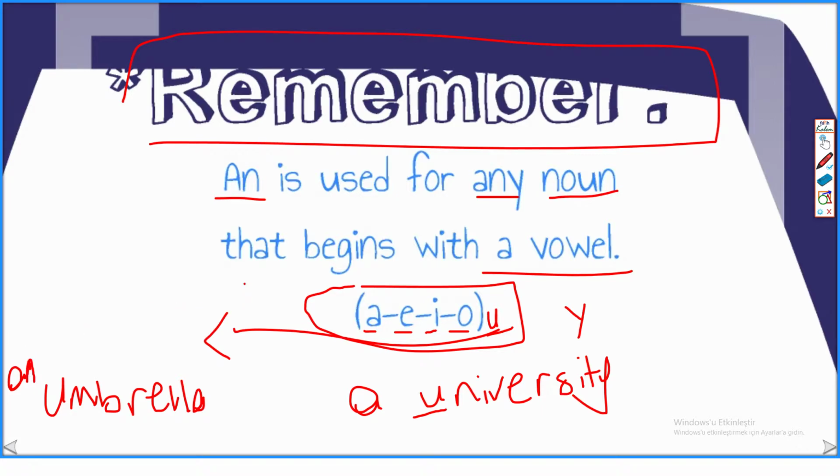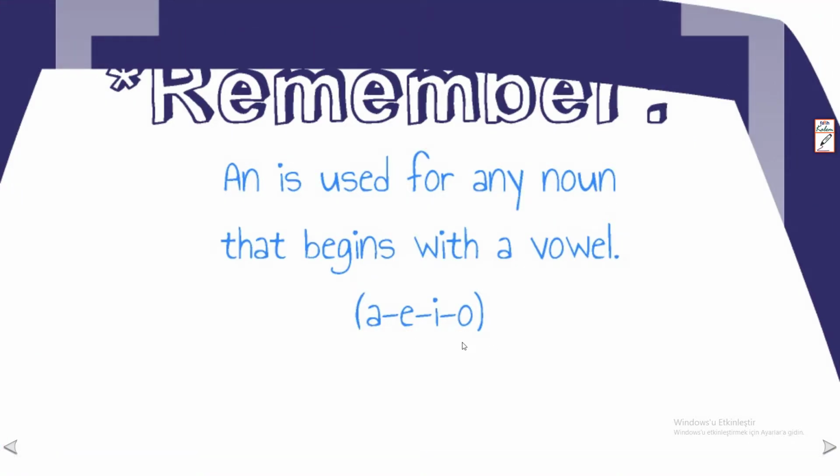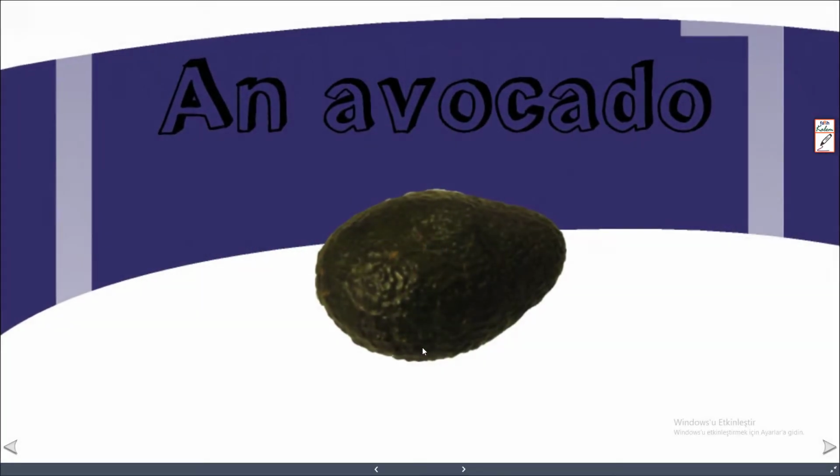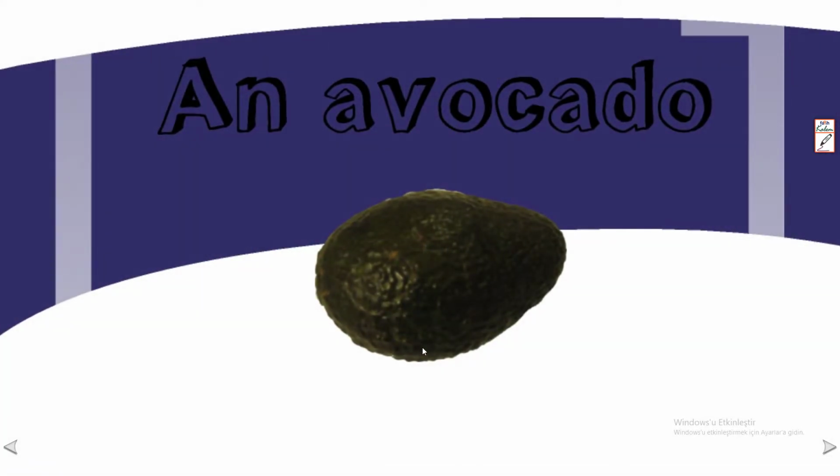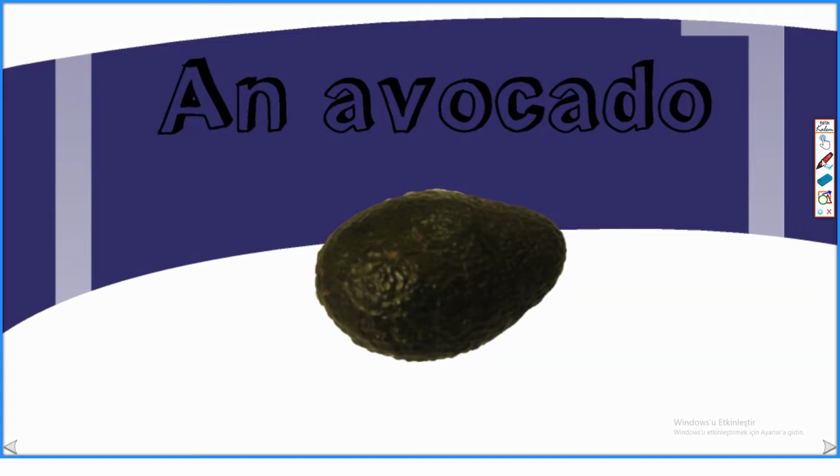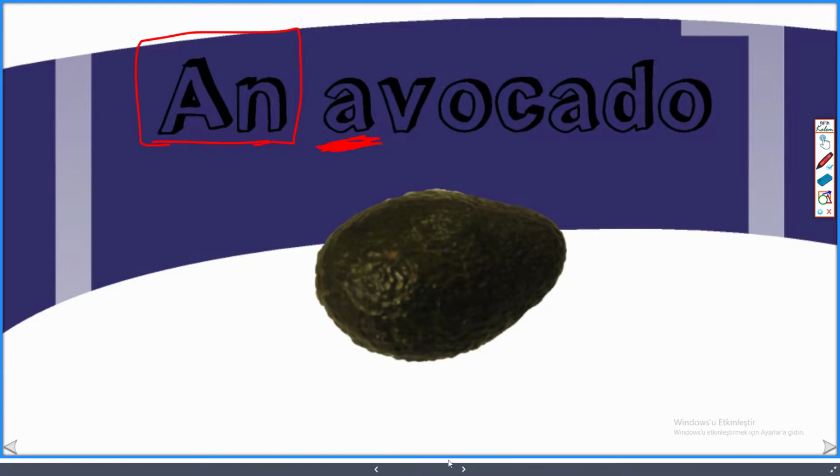Okay, my friends, and we are going on with this session. An avocado. We have a in our noun, and that's why we should use an.